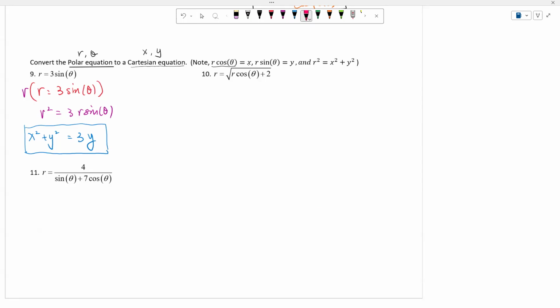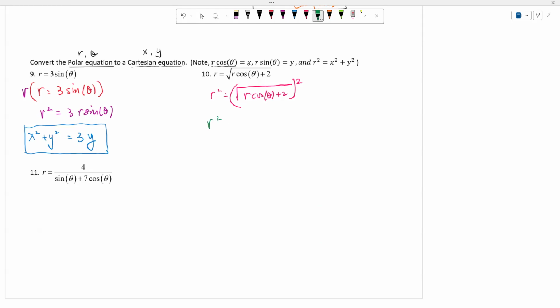How about the next example? For this example, I'm not going to multiply both sides by r. The reason is, what if I square both sides? Then I will have r squared equal to the square root of r cosine of theta plus 2, squared, right? We square both sides.